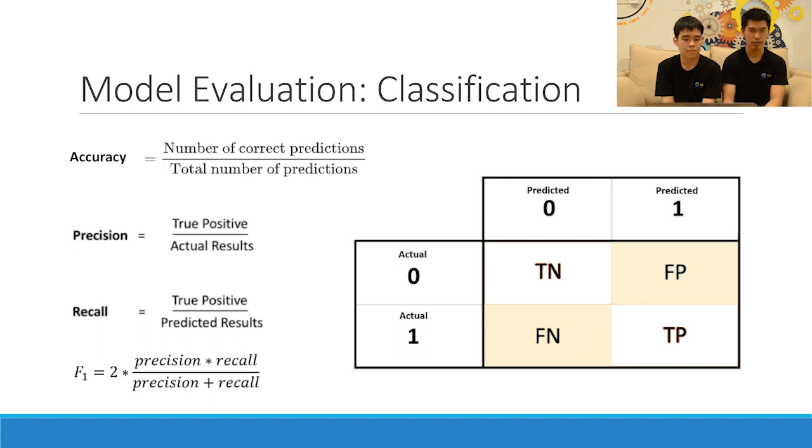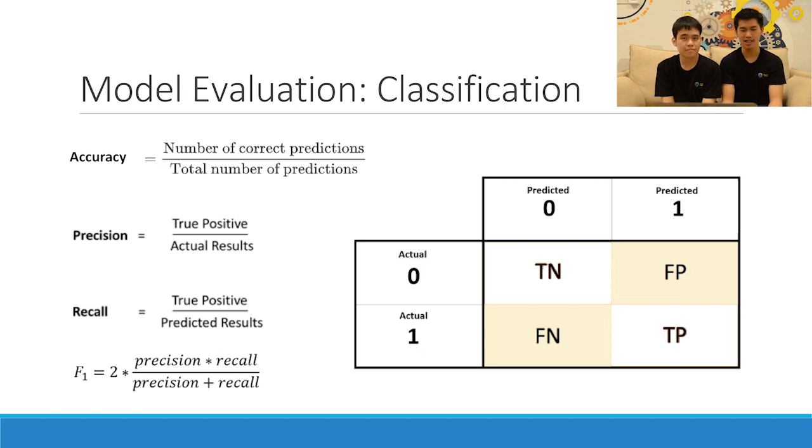Next, we have recall. What is recall used for? Let's say we have a fraud detection model. Our fraud detection model should have high recall. The reason is that if our model misclassifies an actual fraud case as not a fraud, the company may lose a lot of money because of that.